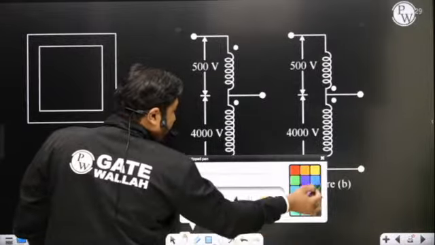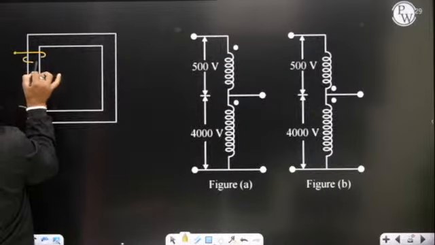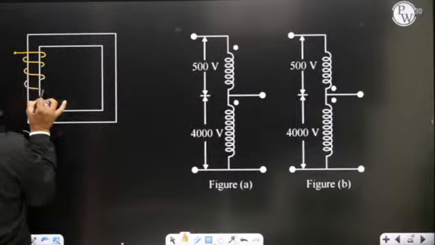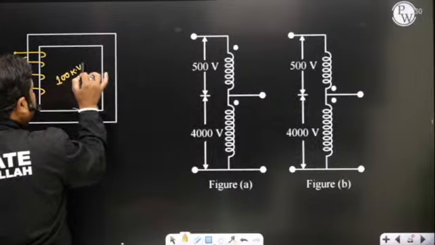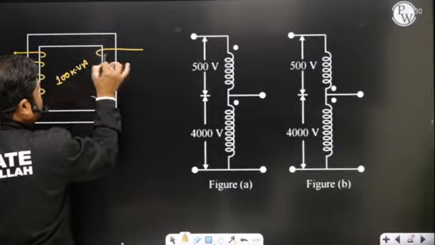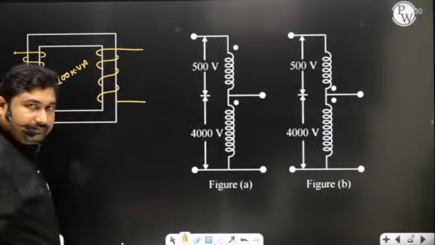Now please observe here. We have a 2 winding transformer, and this transformer is of 100 kVA. When I say 100 kVA, it means it can maximum deliver a load of 100 kVA.